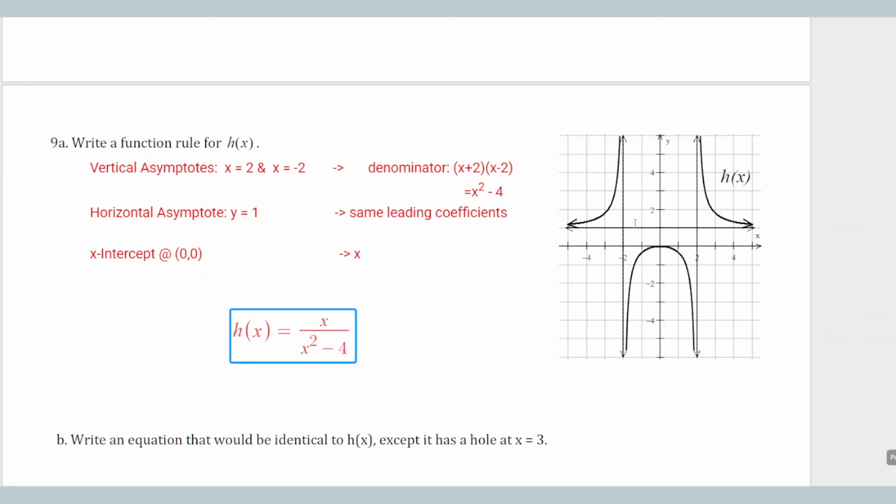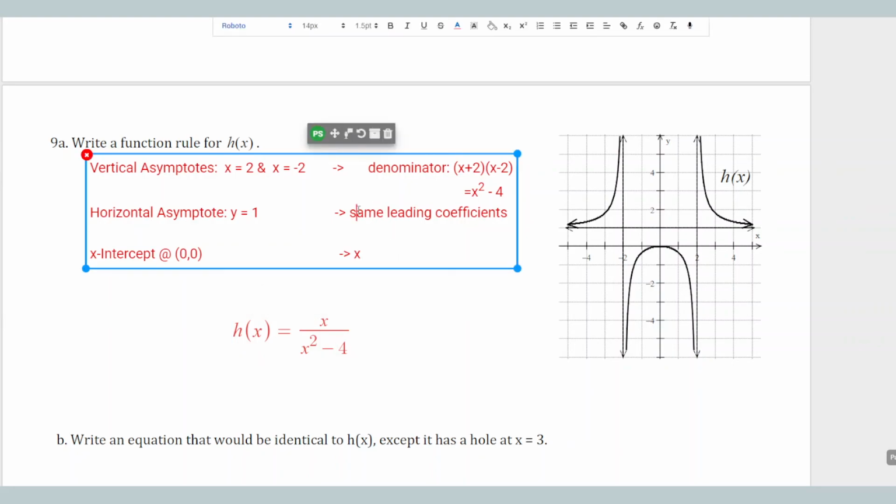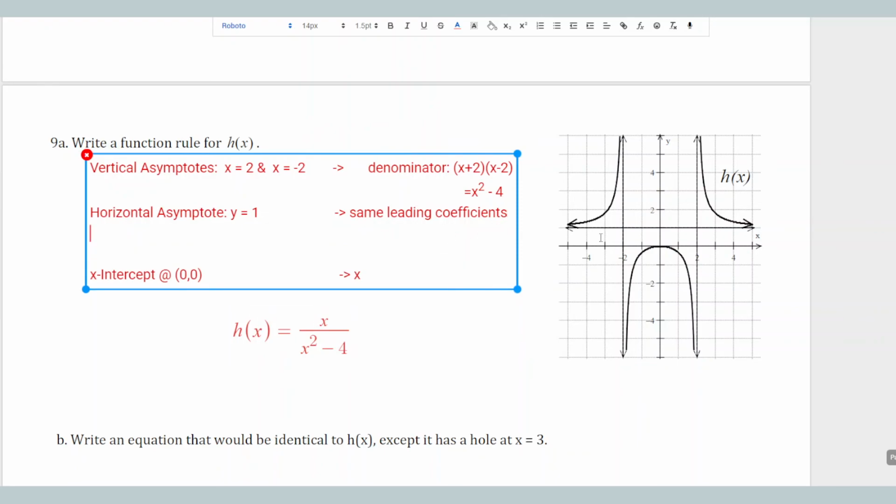However, if the denominator has the larger degree, then the horizontal asymptote is going to be at y equals 0. So I need these degrees to be the same. Not only do I know that the leading coefficients need to be the same, like 1 and 1, but I also know that the degrees need to be the same.